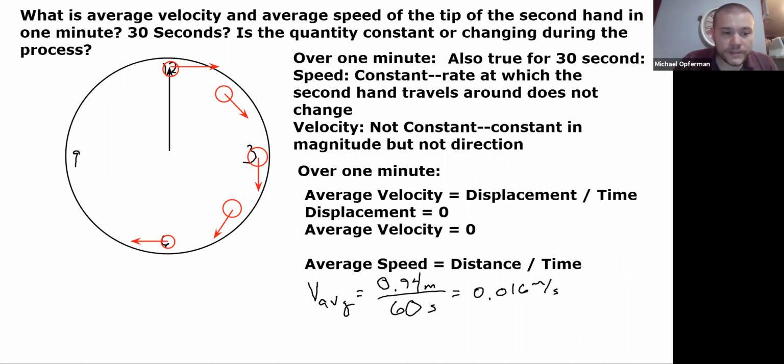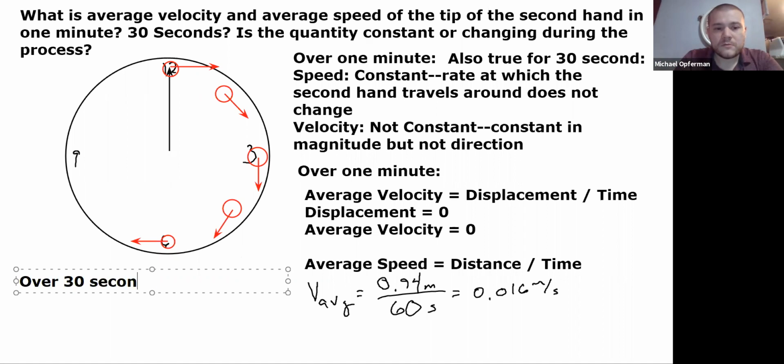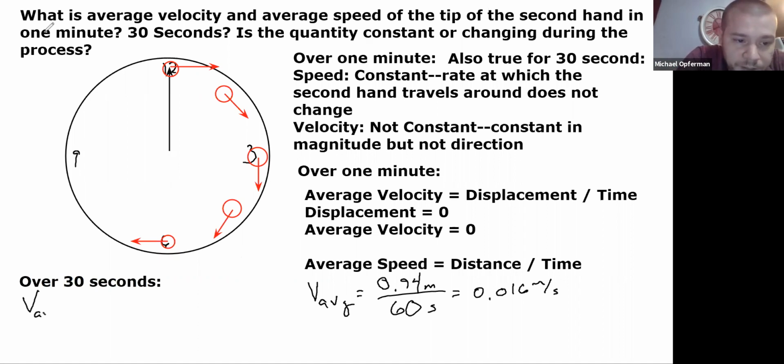What about over 30 seconds? Let me see if I can squeeze this into the bottom. What about over the course of 30 seconds? In this case, the average velocity is going to have a magnitude and a direction. The magnitude of a vector, I don't think I mentioned this in the earlier videos, can be denoted by putting it in absolute value signs.